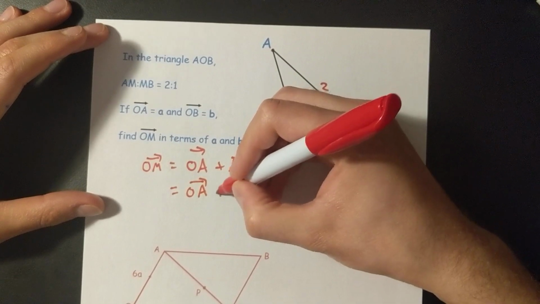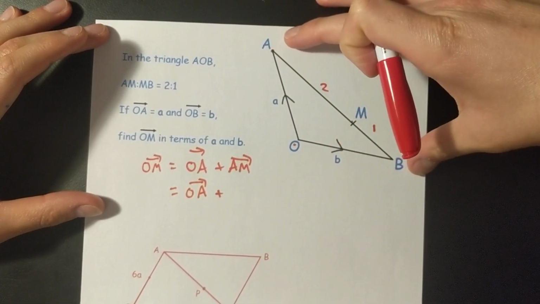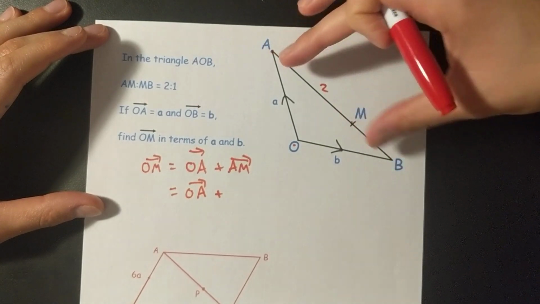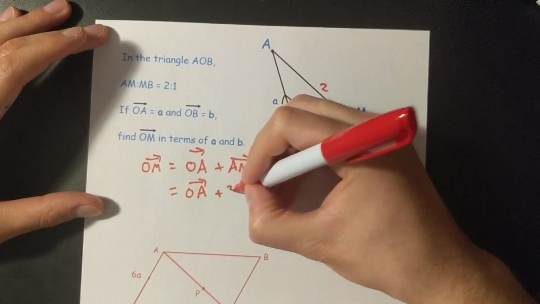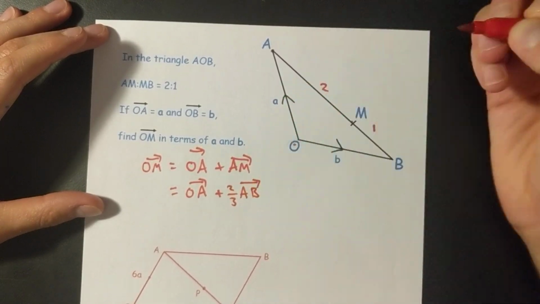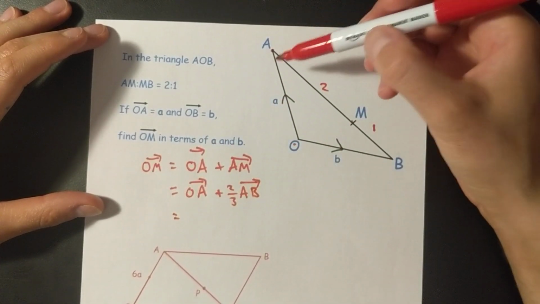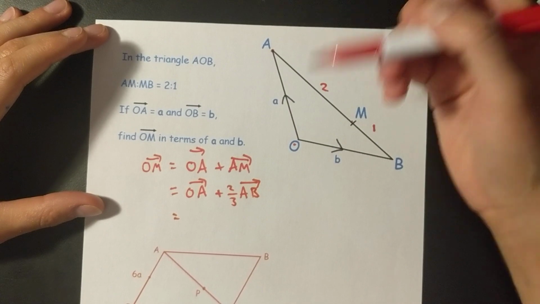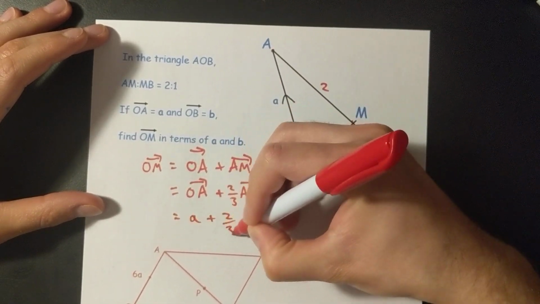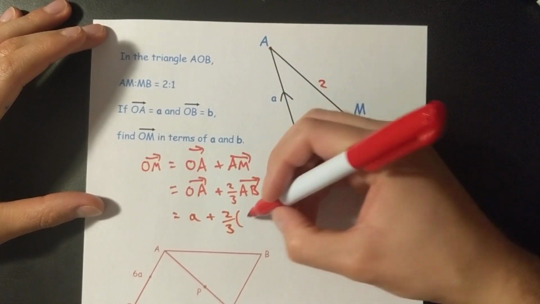A to M is a fraction of A to B. Now that fraction is 2 out of 3. That is 2/3 of the journey from A to B. Now, I know what all these are. Here, O to A is a, lowercase a, plus 2/3 of A to B. A to B is easy. A to B is negative a plus b.